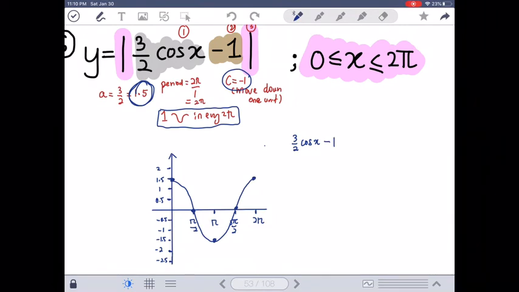Shift 1 unit downwards means that 1.5 minus 1 becomes 0.5. From 0 becomes negative 1. From 1.5 becomes 0.5.